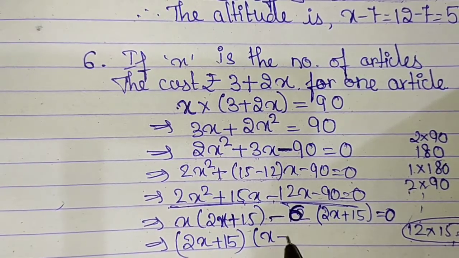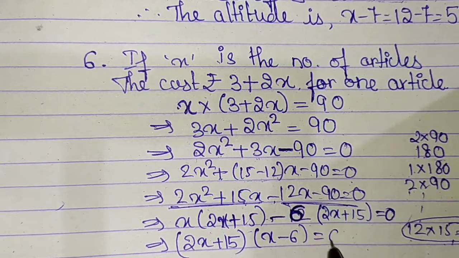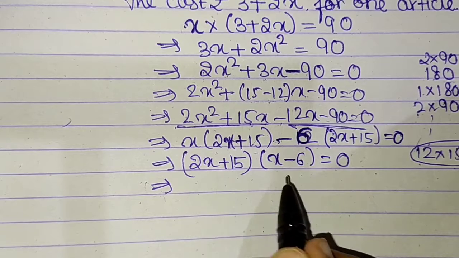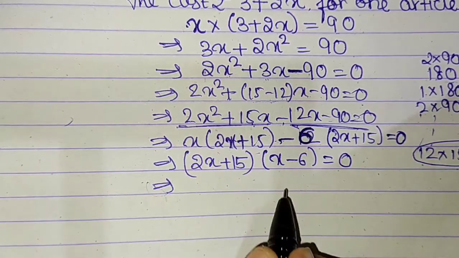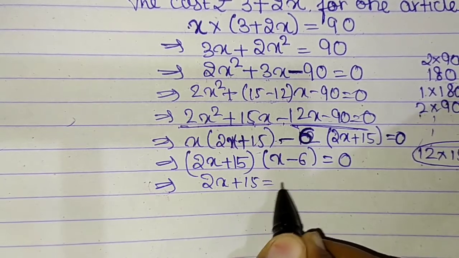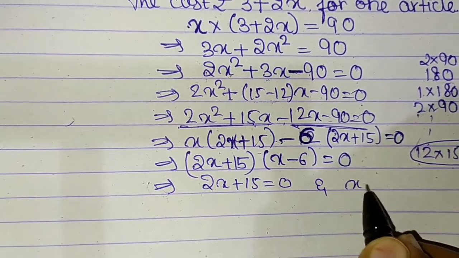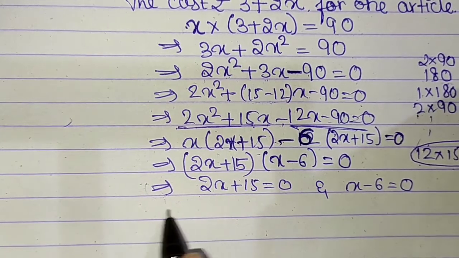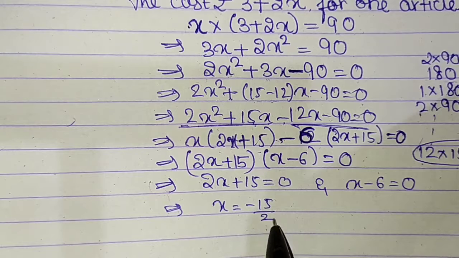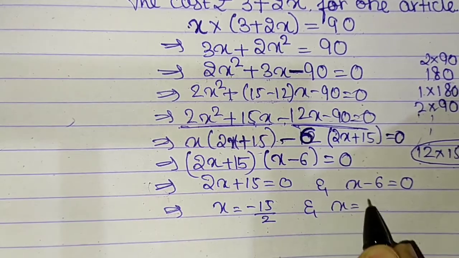What remains is x minus 6 is equal to 0. So these are the factors. On equating each of them individually to 0, we get 2x plus 15 is equal to 0 and x minus 6 is equal to 0. So on transposing, we get x equal to minus 15 by 2 and x equal to 6.